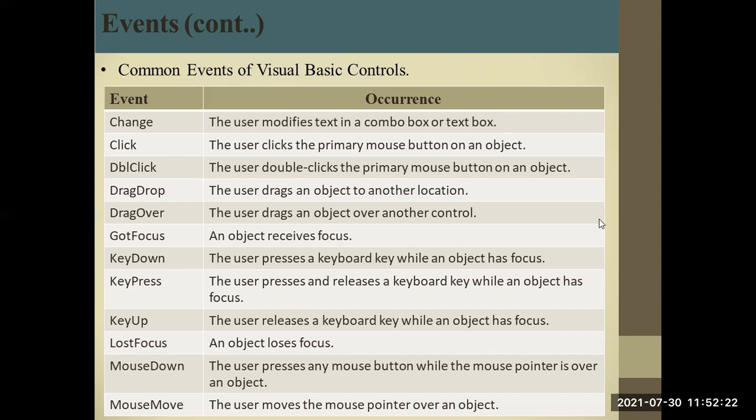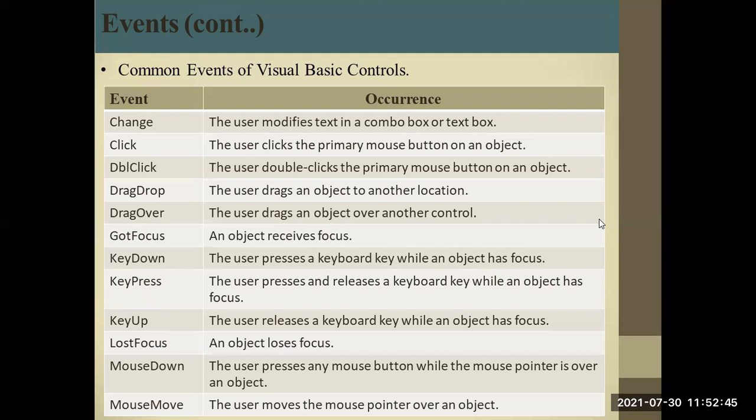Next, the got focus event, which we have already seen. An object receives the focus. Let me take an example: there are two controls, control one and control two. Suppose we are currently using control one, but after some time we want to use control two.